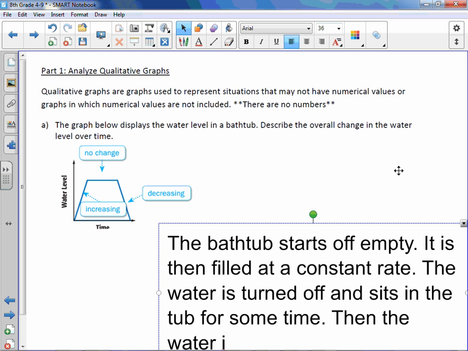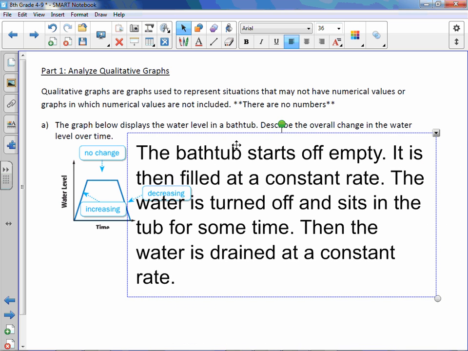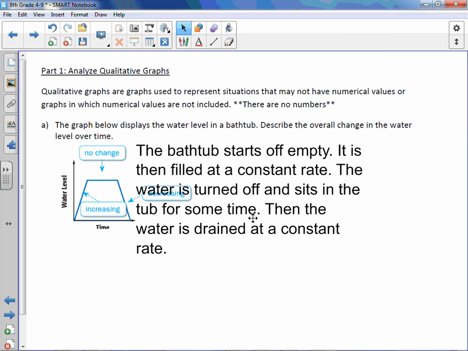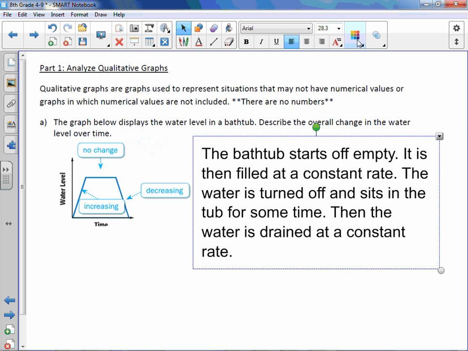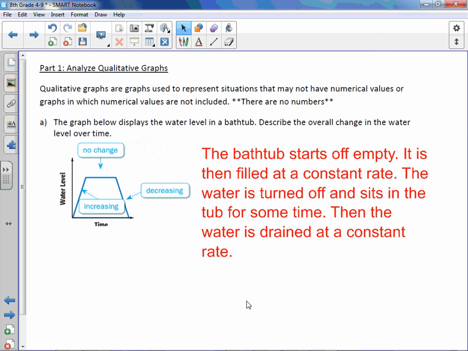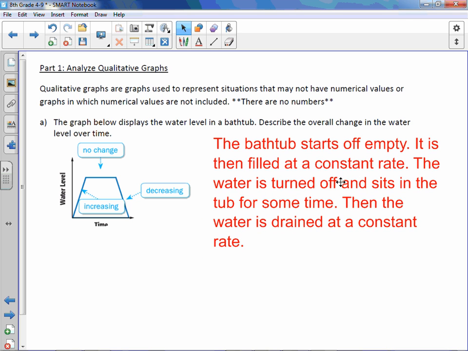Then the water is drained at a constant rate. So this is what's happening in that graph, and that's all you are doing is explaining what you see.